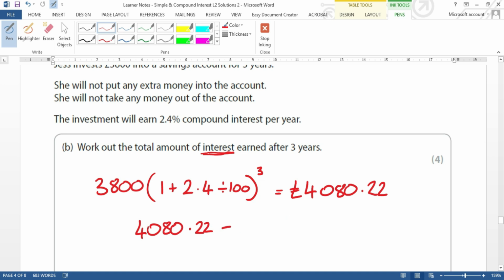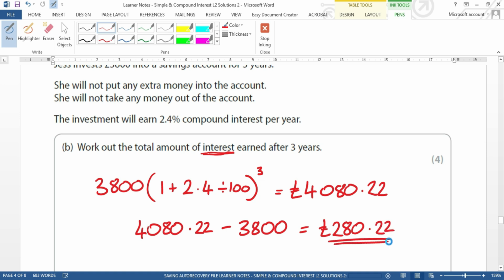Take away the initial amount, which was £3,800. So hopefully you noticed that in the question when you were doing it before. Leaves you with just the interest, which is just £280 and 22 pence for your final answer.